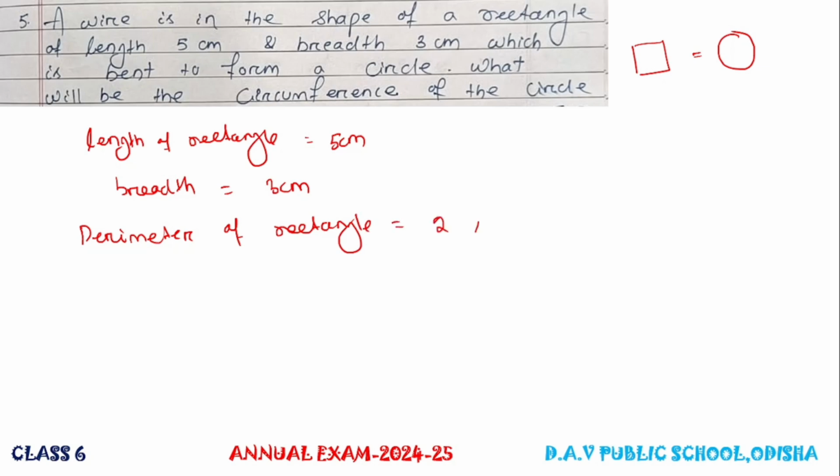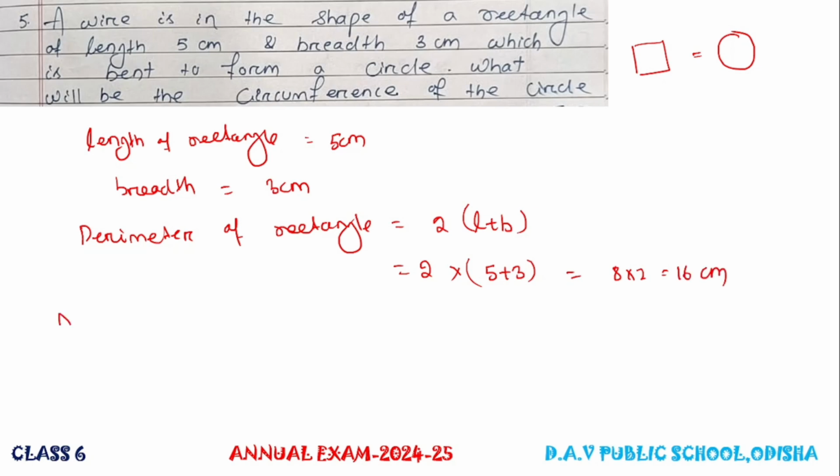Now we can write perimeter of rectangle equal to 2 into (L plus B), that is 2 into (5 plus 3), that is 2 into 8 equal to 16 centimeter.